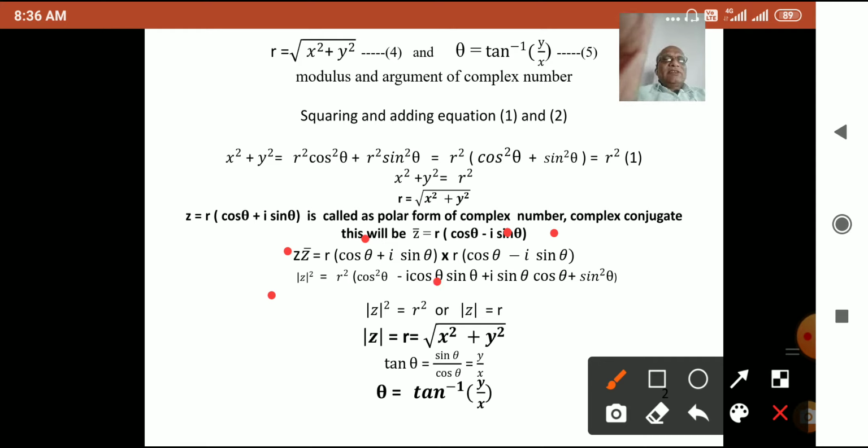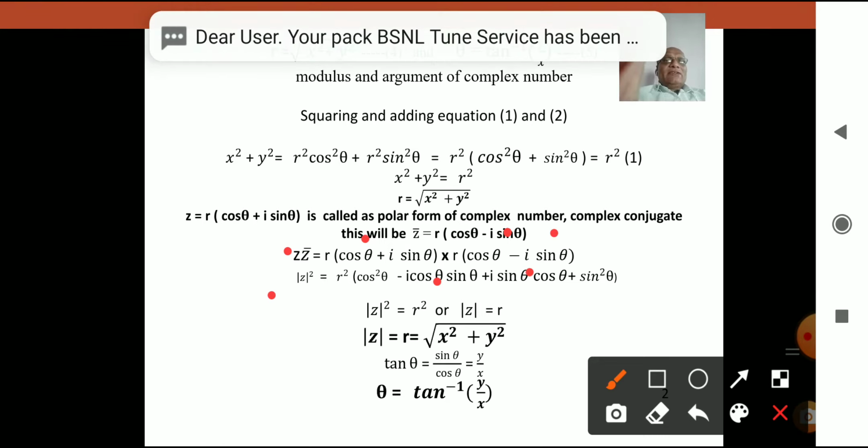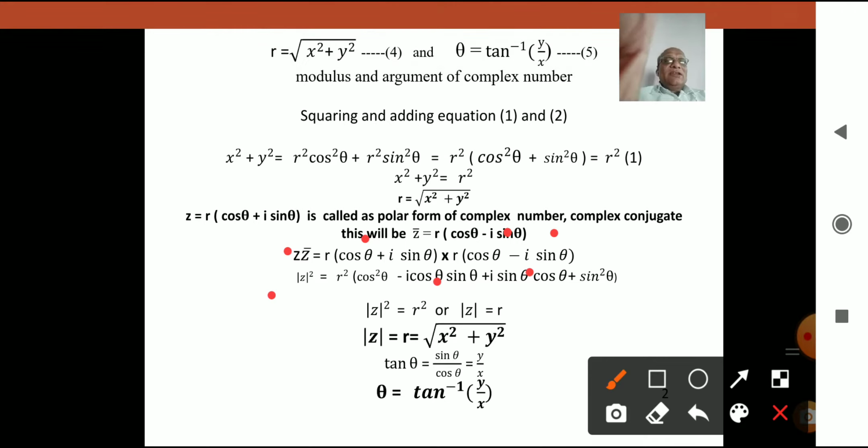Now third is i sin θ into cos θ, so this is i sin θ cos θ, and the last one is i sin θ into −i sin θ, so this is −i² sin²θ, minus minus becomes plus, so this is sin²θ.